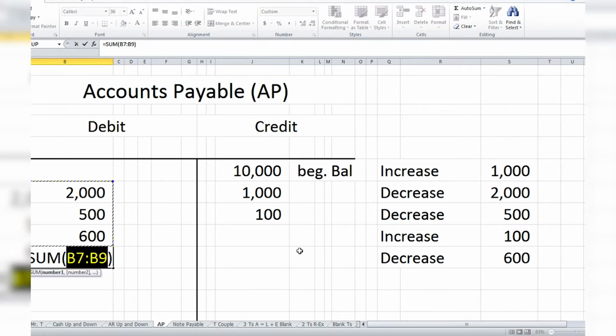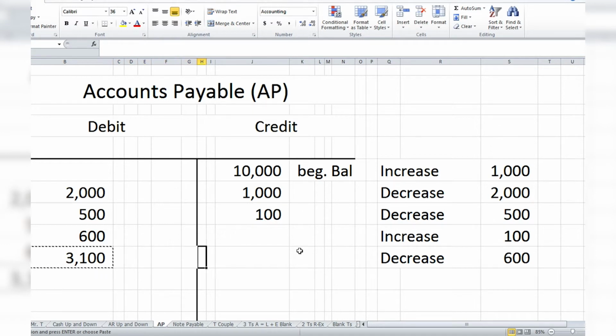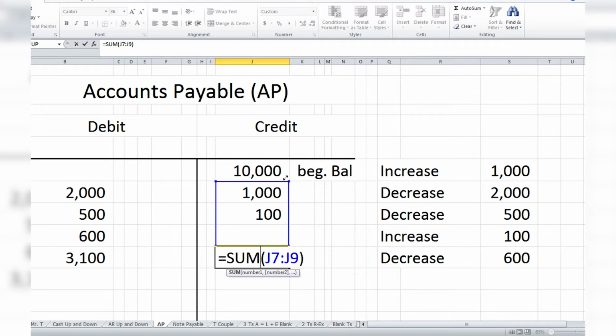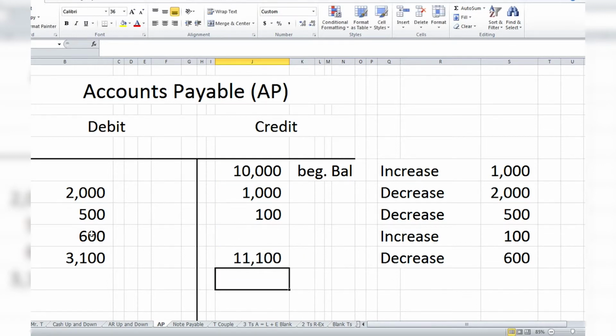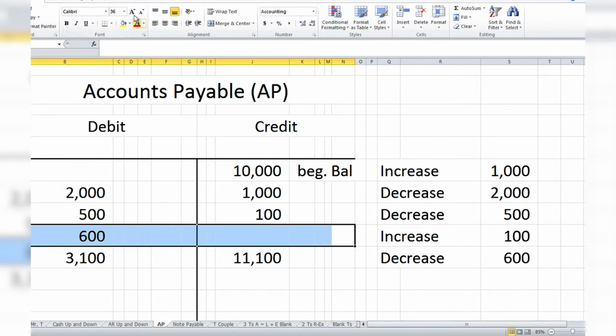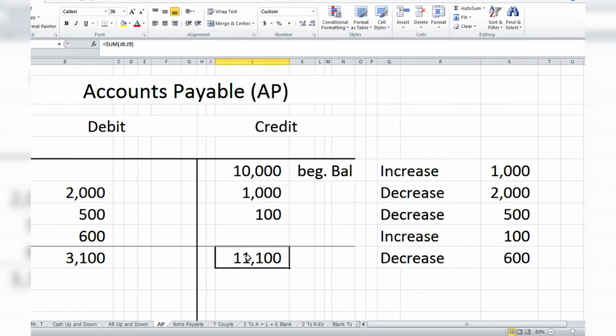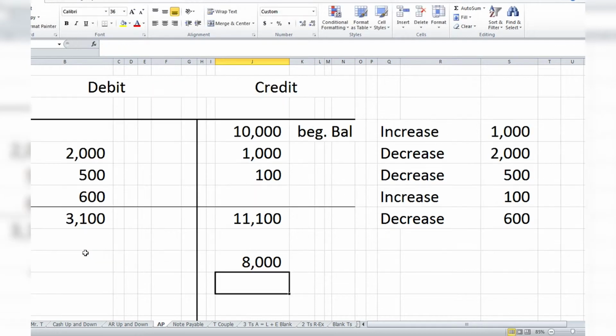Go ahead and sum totals, making sure you include the beginning balance. We have an accumulation of 11,100 in credits and 3,100 in debits. Netting the two results in an ending balance of 8,000.